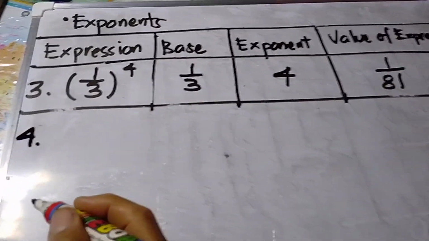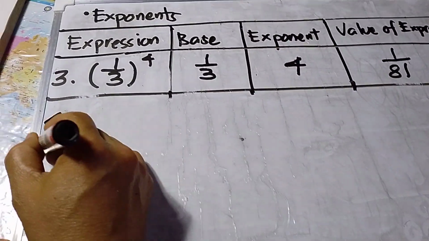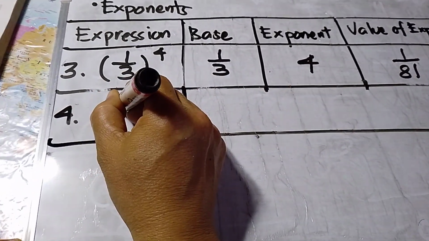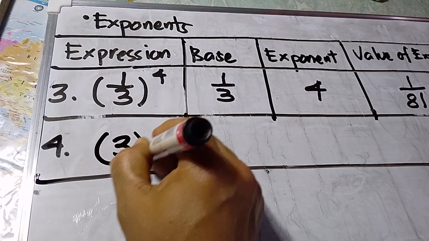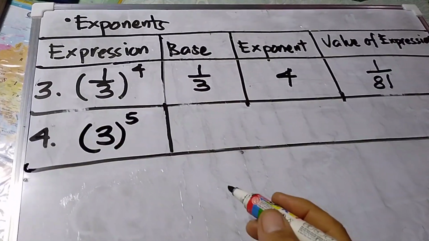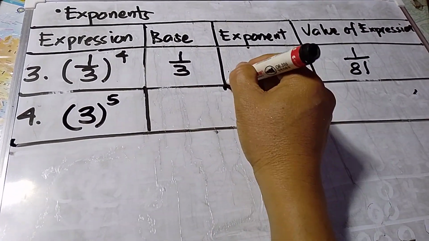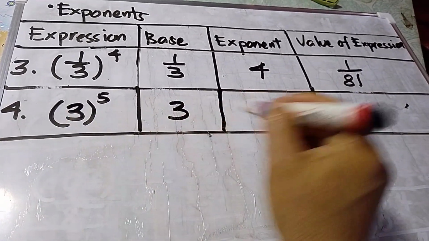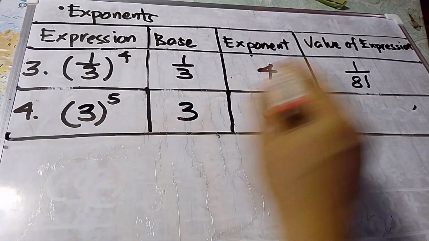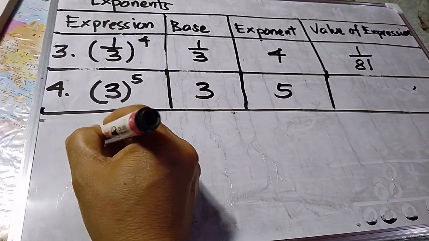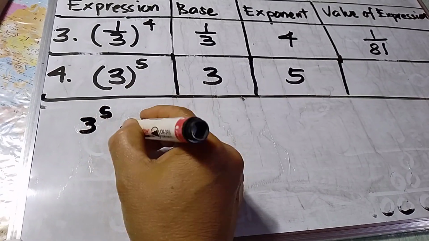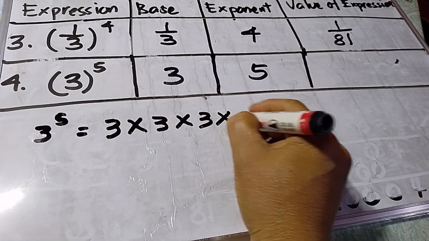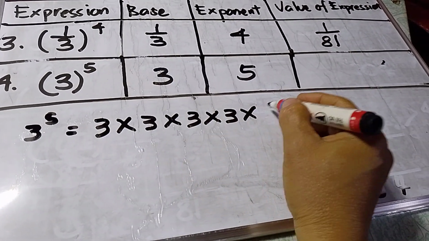A positive whole number. See, for number 4, let's say positive 3 to the power of 5. So what is the base for number 4? So the base is 3 and the exponent is 5. So what is the value of expression? So 3 to the power of 5, meaning 3 times 3 times 3 times 3 times 3.